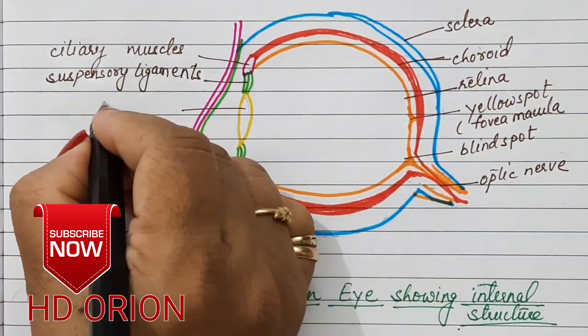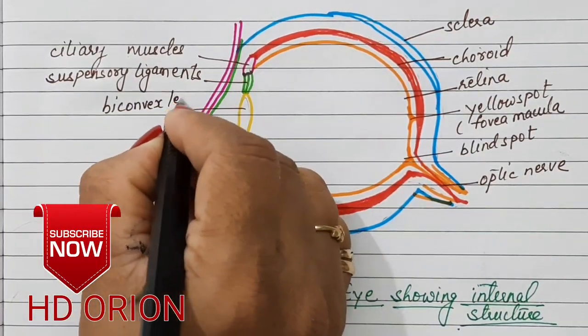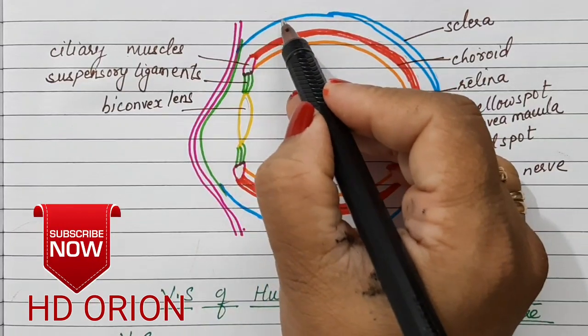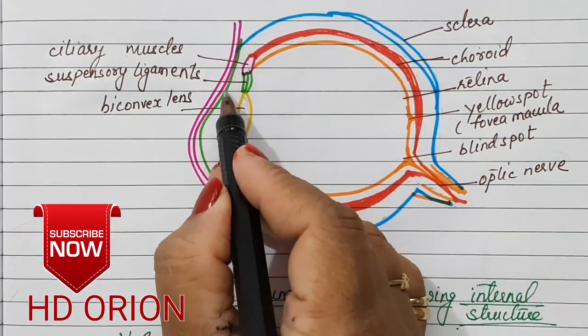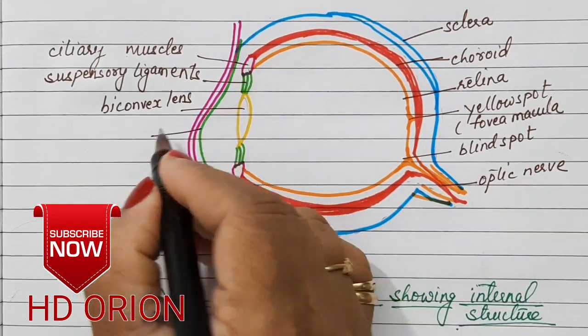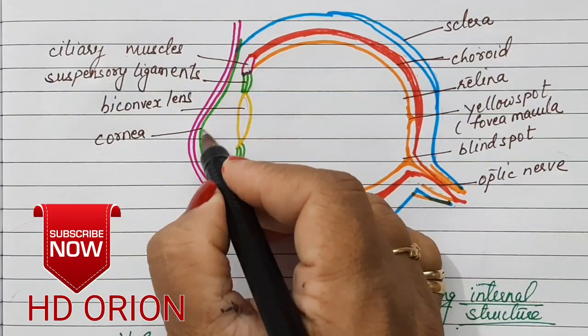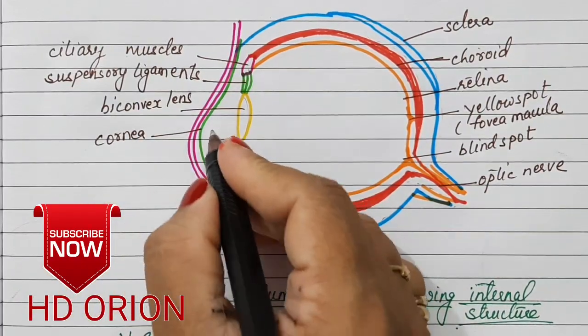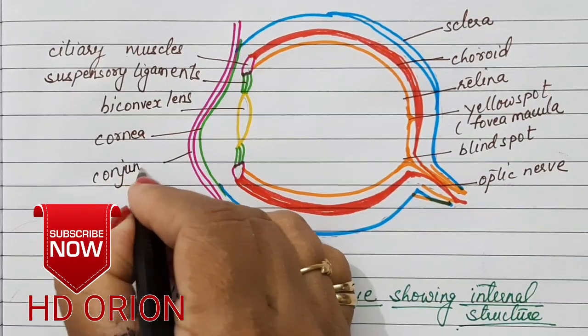This is a clear biconvex lens. The outermost sclera has the front region curved, which is called the cornea. This is a clear transparent region from where the light rays enter, and the outermost layer is the conjunctiva.